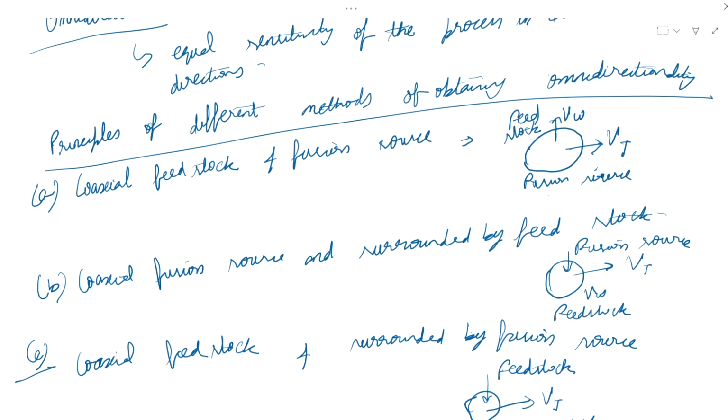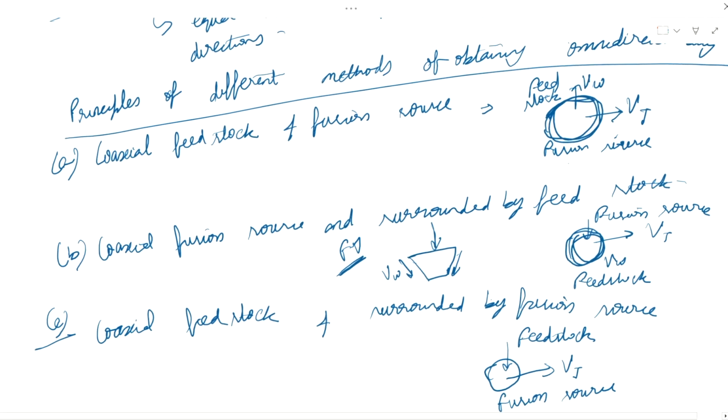So this is the fusion source. If we go to the front view, this is the fusion source and here will be your feedstock, or VW, and this will be your fusion source.